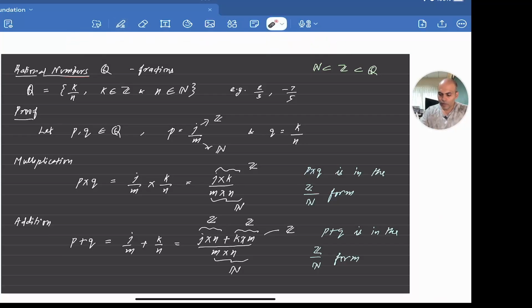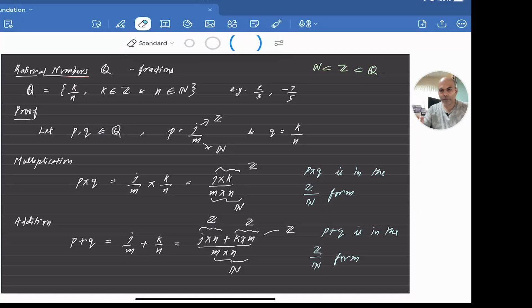So in a rational number, if k is an integer, and for example if n is 1, then you see that this fraction is going to be an integer, and that explains why the set of integers is a subset of rational numbers.